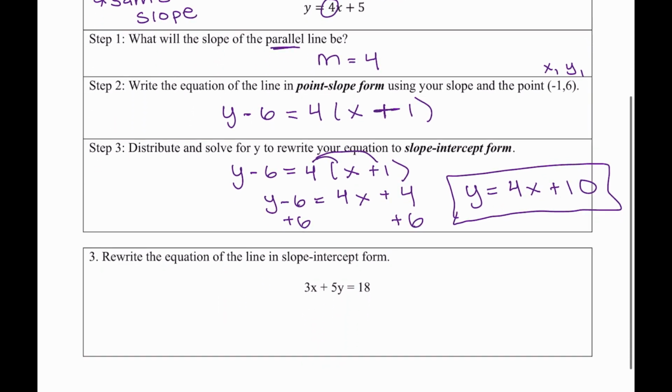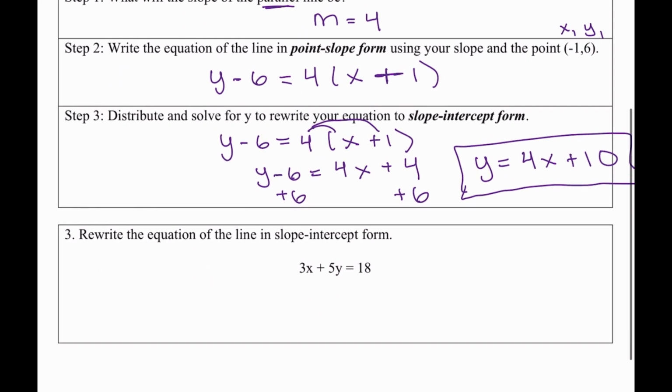For number 3, it says rewrite the equation of the line in slope-intercept form. In order to do this, I need to get y all by itself. So the first thing I'm going to do is subtract 3x from either side. This will cancel out, leaving me with 5y equals -3x plus 18.